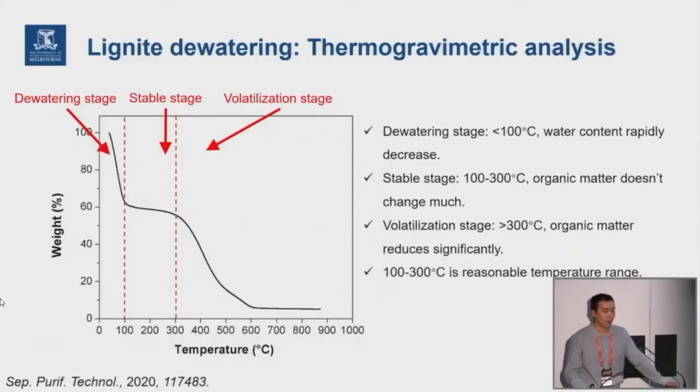However, if the temperature is above 300 degrees C, it's a volatilization stage. The organic matter is reduced significantly, mainly because of decomposition. Because the organic matter is a very valuable nutrient, we think that the temperature range between 100 and 300 degrees C is a reasonable range for dewatering.